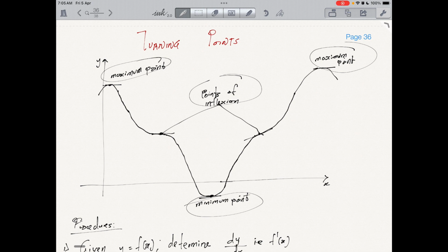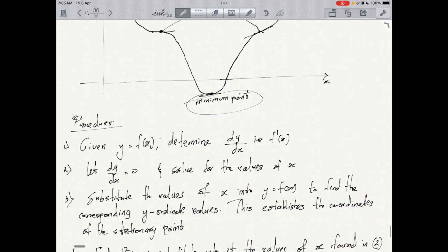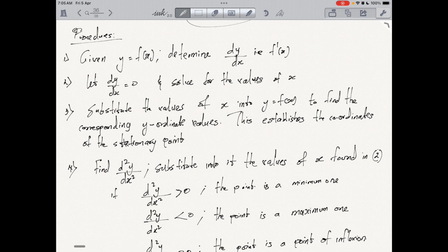Okay. Now, the question is, how do we go about determining the nature of each stationary point or each turning point? So the first thing we do is we are given a function of x, that's y equals f of x, and then we have to determine dy/dx, that's f dash of x, and thereafter we set dy/dx equal to 0, and we solve for the values of x for that instance.